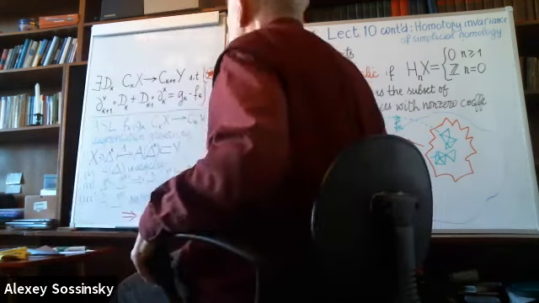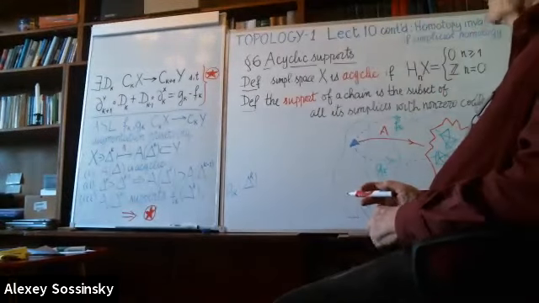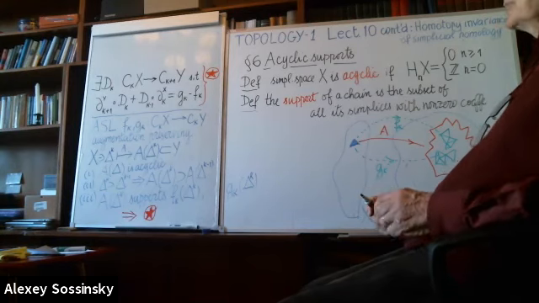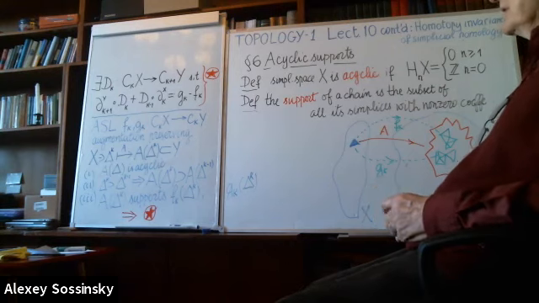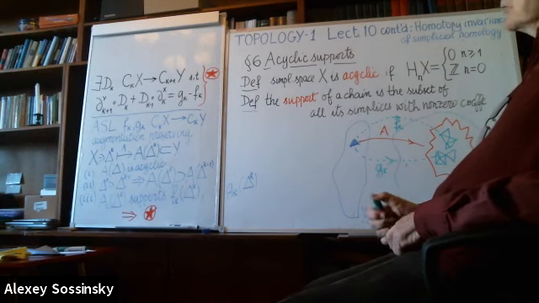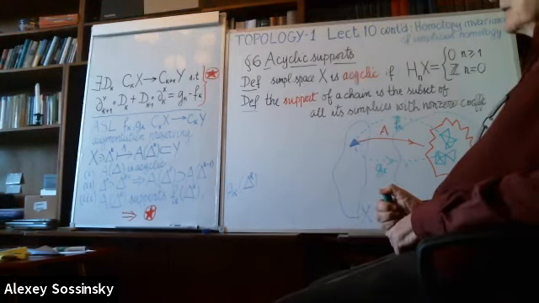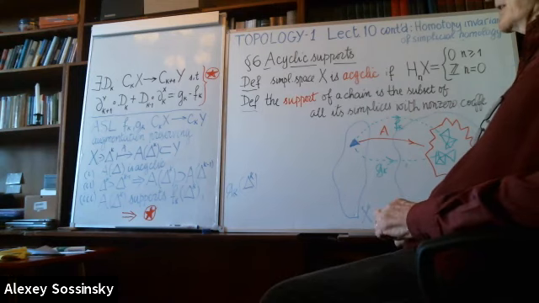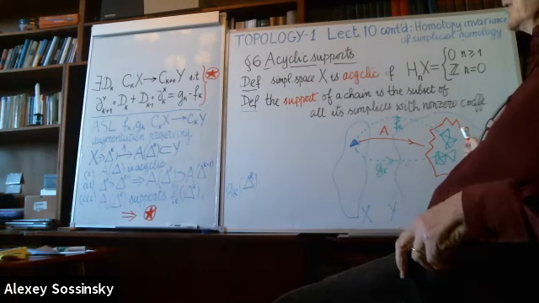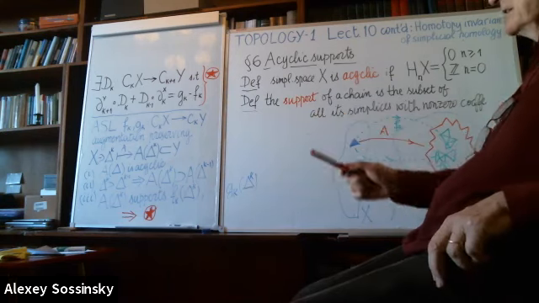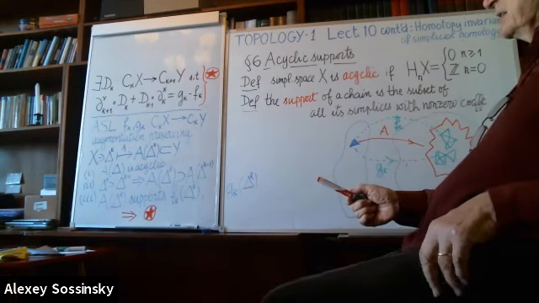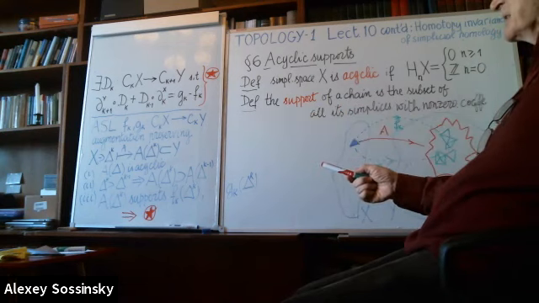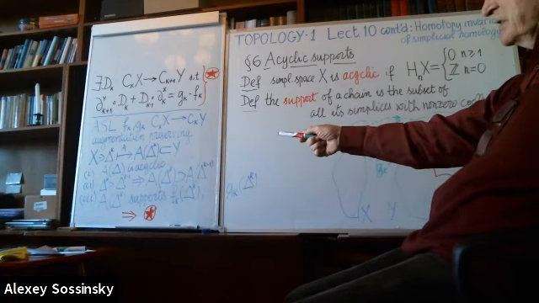So let me repeat the statement. The acyclic support lemma says that if you have two augmentation preserving homomorphisms of the chain groups C k of X to C k of Y, and if there exists an assignment that to each simplex of X assigns a subcomplex of Y, which is first of all acyclic, which has the property that if we take a face or subsimplex of a simplex delta k, then the assignment gives us something which contains the corresponding one.